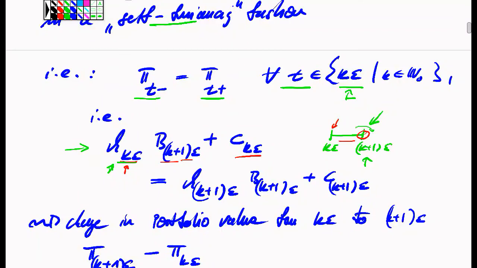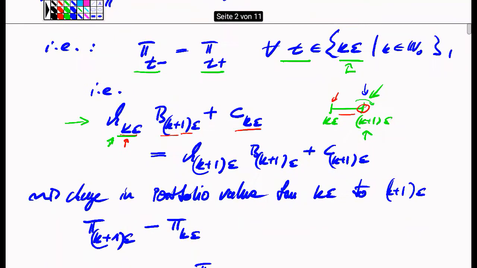So exactly at this time point, which I painted blue, the investor readjusts his portfolio, but the requirement of self-financing readjustment says that the total wealth of the portfolio after the readjustment, which is expressed like this, namely the total amount of stock owned at the beginning of the next interval times the value at exactly this transition point, plus the corresponding cash component, must match.